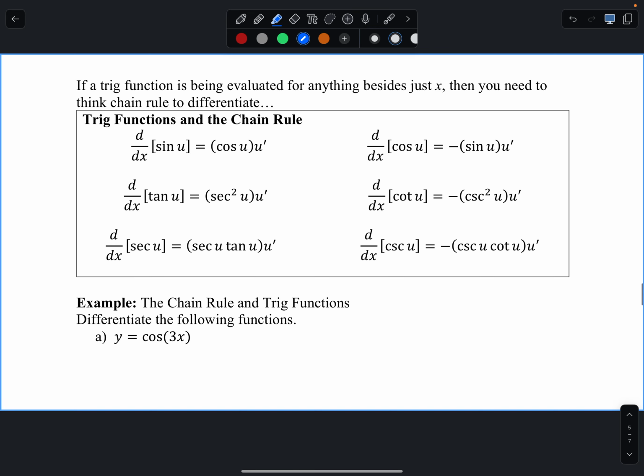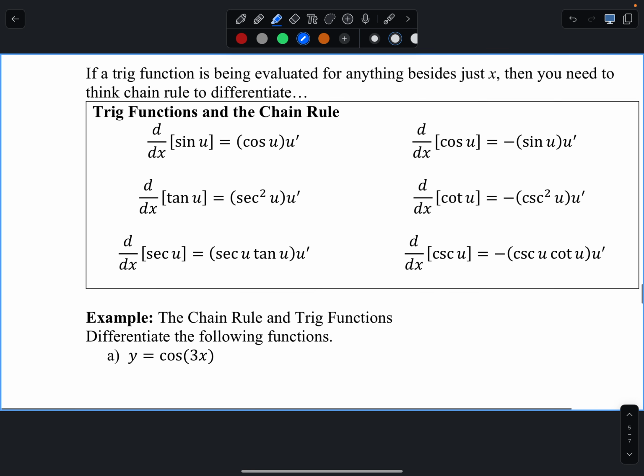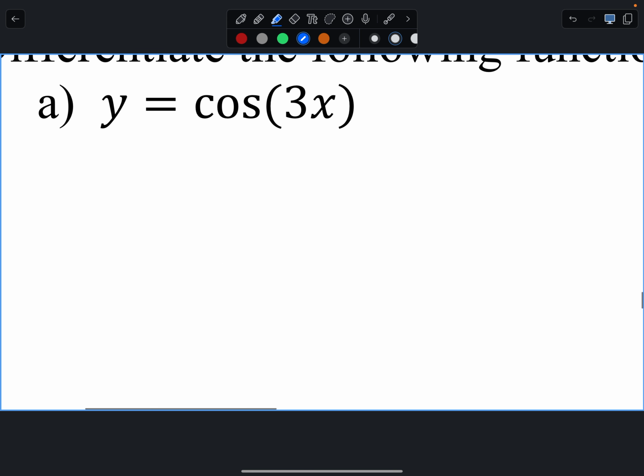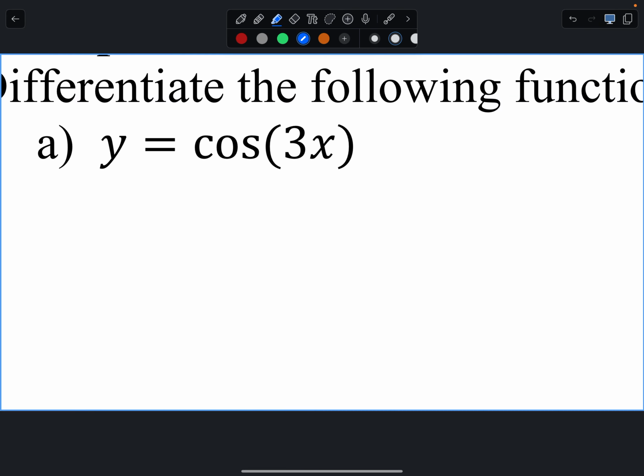Okay, let's get a little tricky. Anytime we are trying to differentiate a trig function and the argument is something other than just x, you have to think chain rule in order to find the derivative. For example, y equals cosine of 3x. You can't just say that's negative sine of 3x.